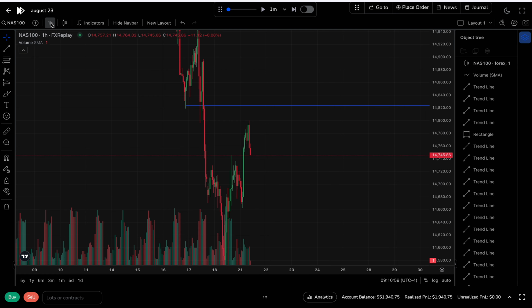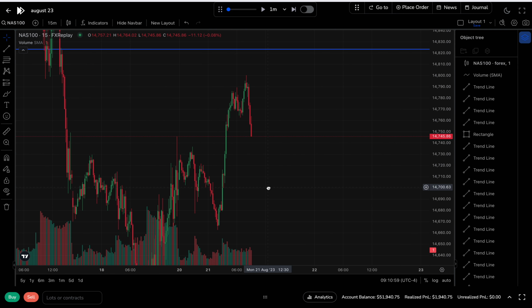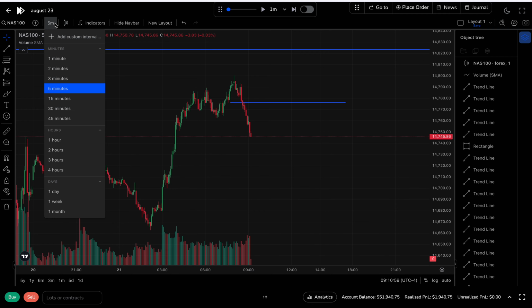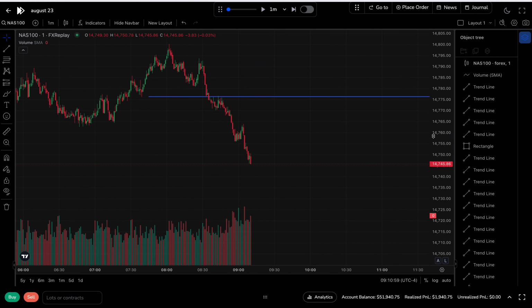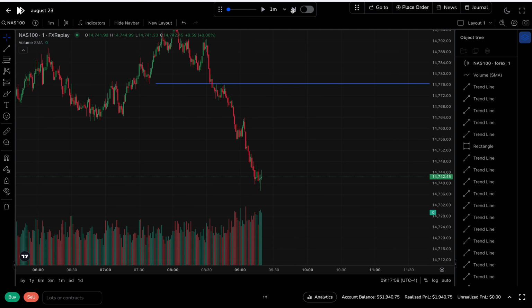Okay, so we tapped this hourly gap. Let's see if we get a potential long off it. We have an unfilled 15-minute here. Not really any crazy buy side, so not really any reason to be bullish yet.